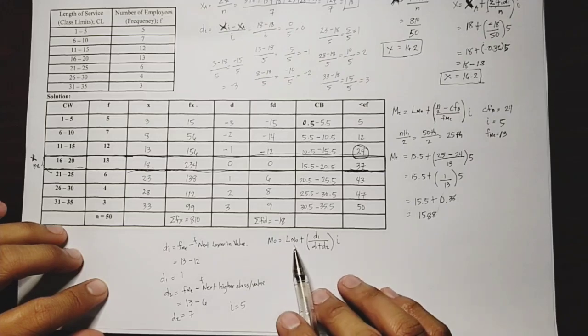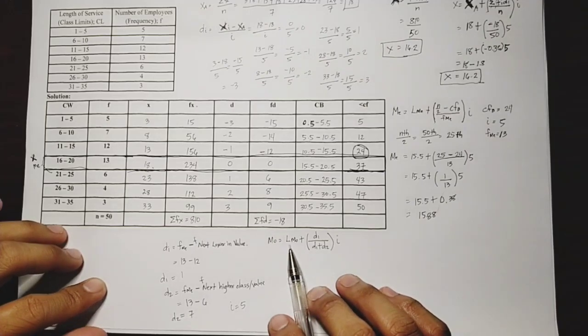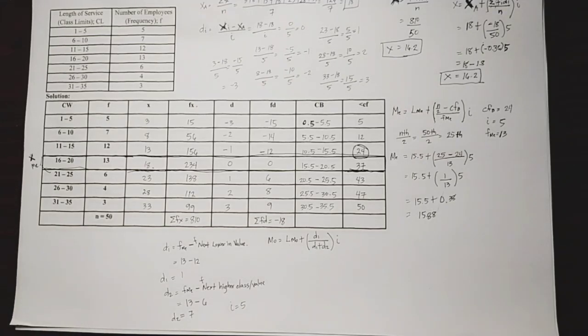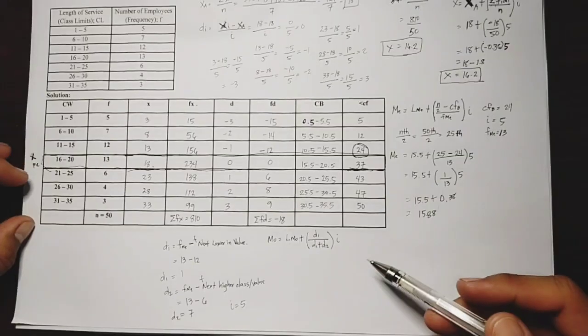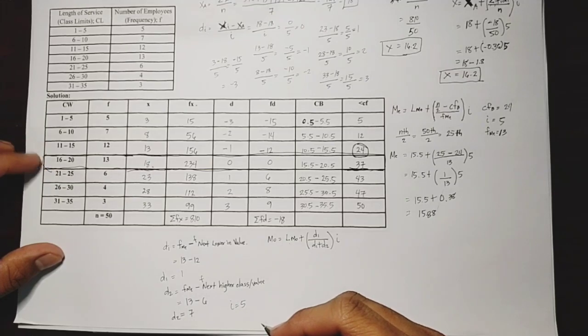And then, we can find our mode by looking at which has the highest frequency. Again, the mode is the data that repeats the most. You will see there is only one, which is 13, that is the 16 to 20 class. So that is also our modal class.